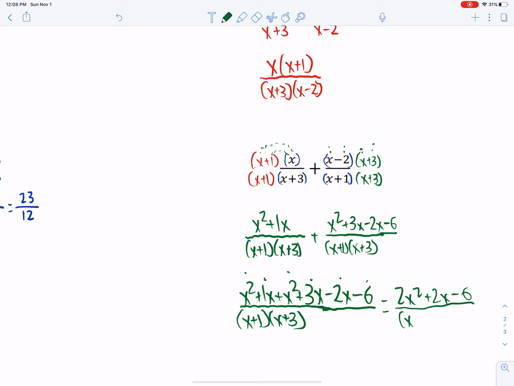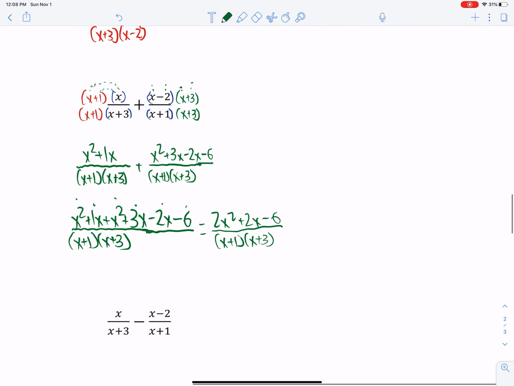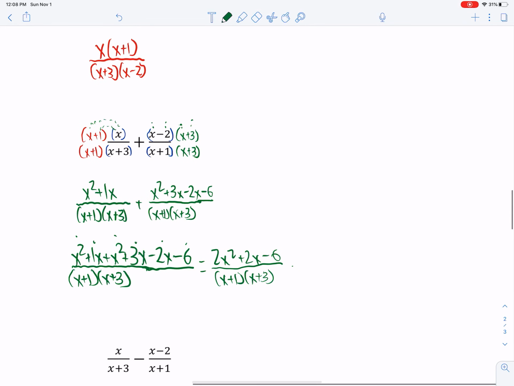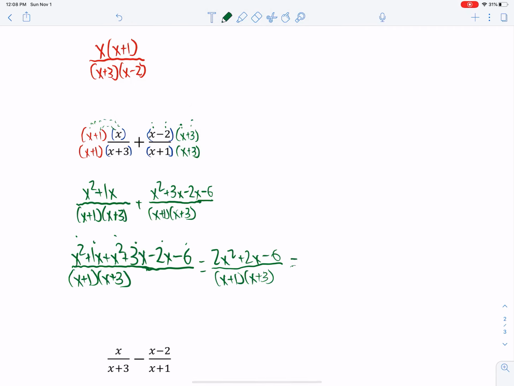All right. Now the trick with adding and subtracting these things is you have to factor the top part to see whether or not it can be reduced. So on the top part, to factor it, we would need to factor out a 2. All the terms there are divisible by 2. Getting messy here. And we would have 2 times x squared plus 1x minus 3.